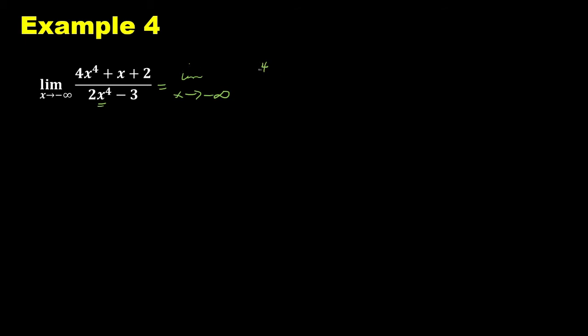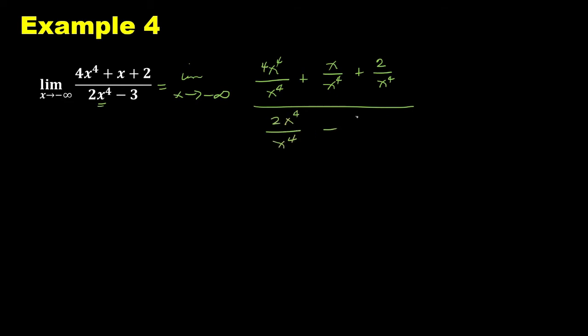function here. So we have 4x raised to 4 over x raised to 4 plus x over x raised to 4 plus 2 over x raised to 4, over 2x raised to 4 over x raised to 4 minus 3 over x raised to 4.